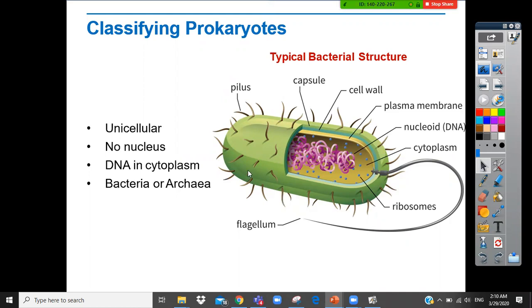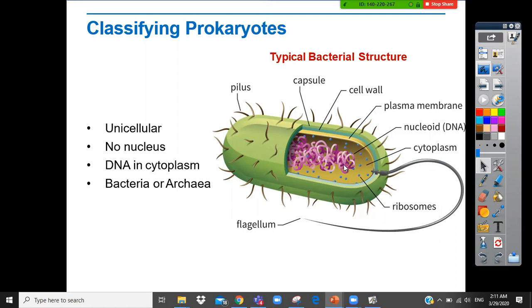If we look at this diagram, let's start from the plasma membrane, the cell membrane here. Above the cell membrane, there is a cell wall, then a capsule. We have pilus. Pilus helps the bacteria or the prokaryote to cling to surfaces. There is a flagellum that helps in movement.